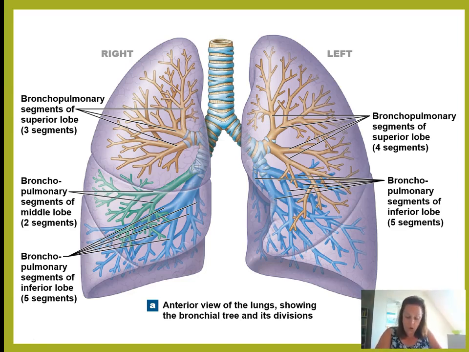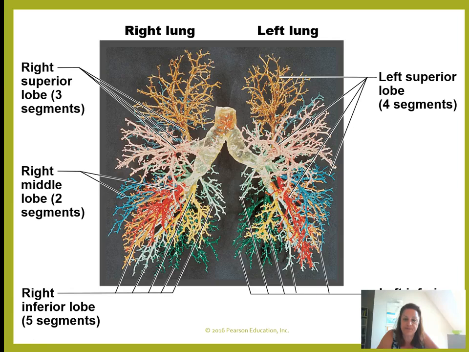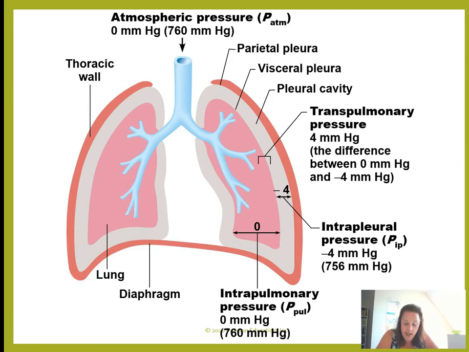Again, this is a picture of the right and left lung, the lobes, how the bronchopulmonary segments sort of provide for gas exchange in the lungs, etc. This is another interesting one, right? It's sort of a lung, but without the tissue. Very cool picture.